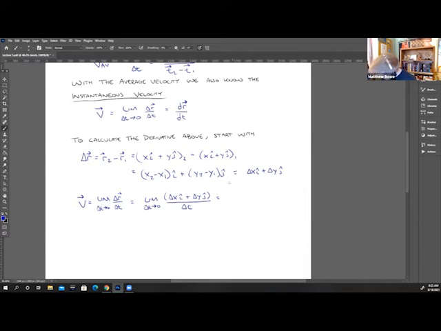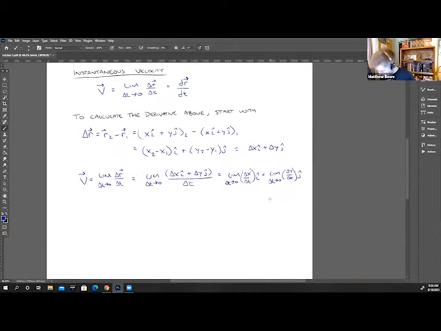And maybe you can see where this is going. I could split this up into two separate limits. The limit as time approaches 0 of delta x over delta t i hat, plus the limit as time approaches 0 of delta y over delta t j hat.